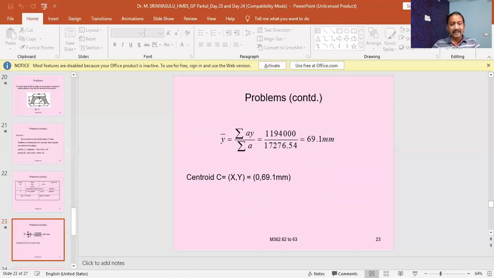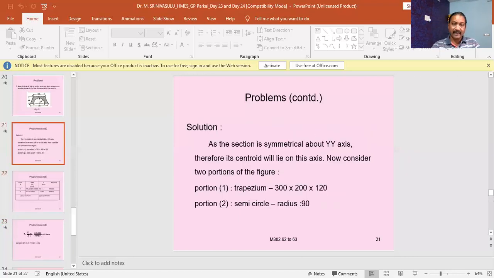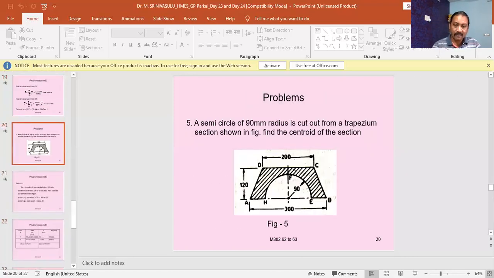So the coordinate of the centroid: since x bar is lying on the y axis, the x value is equal to 0 and the y value is equal to 69.1 millimeters. So x is equal to 0, y is equal to 69.1. That means x is lying at a distance of 150 from the left edge, and the distance in y is 69, so somewhere here.